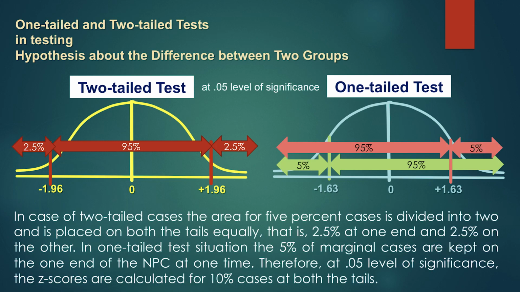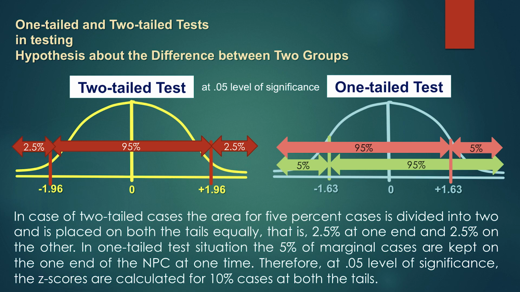1.96. In case of two-tailed test, where both the tails of the NPC are considered, the area for 5% of cases is divided into two and placed on both the tails equally, that is 2.5% on one and 2.5% on the other.